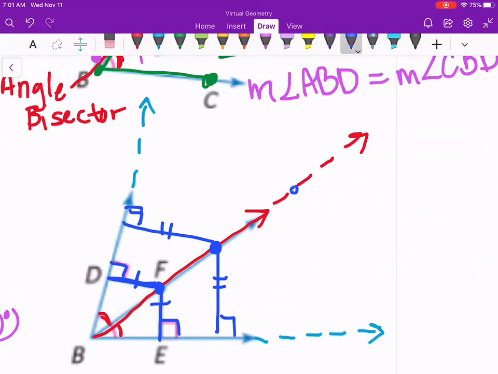Even if I have a point out here at the place on the side of the angle where it's making a 90 degrees, a perpendicular, it's also congruent. Those two distances are still the same. So I can keep going with that figure. Any dot along that angle bisector is going to be congruent.